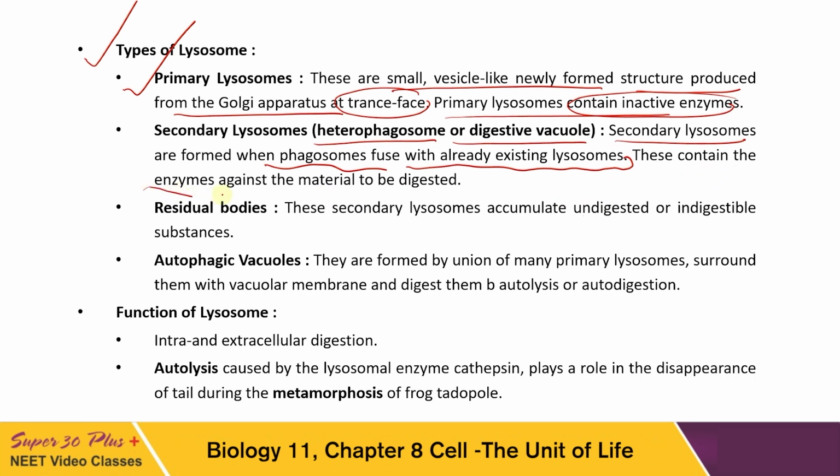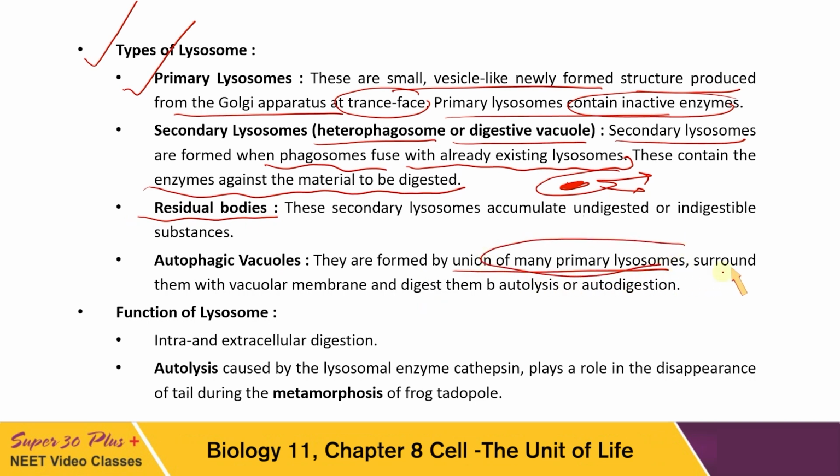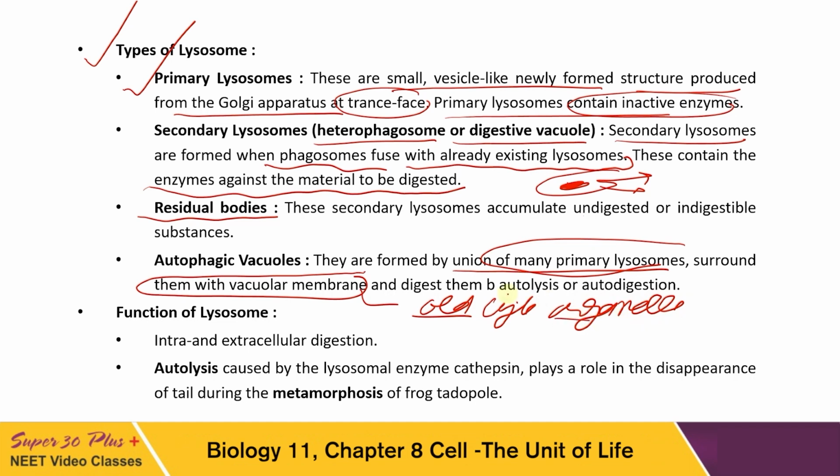It contains enzymes that digest the food. The digested food diffuses out into the cell, and the remaining part left is known as the residual body. Autophagic vacuoles are formed by the union of many primary lysosomes surrounded with a vacuolar membrane, or old cytoplasmic organelles, and they digest them to get energy.